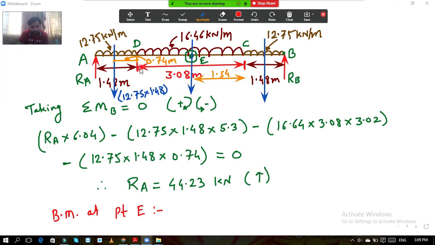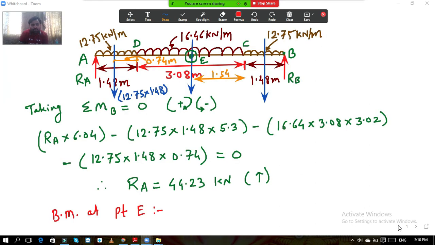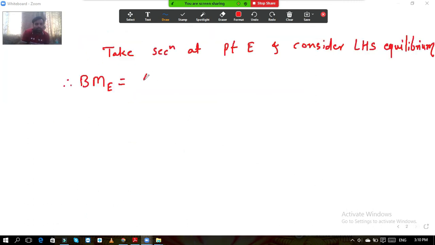Up to this point is 1.54 plus 1.48, means it is 3.02, and RA is moving up, so it is positive. The value of RA was 44.23, so it is 44.23 into 3.02.